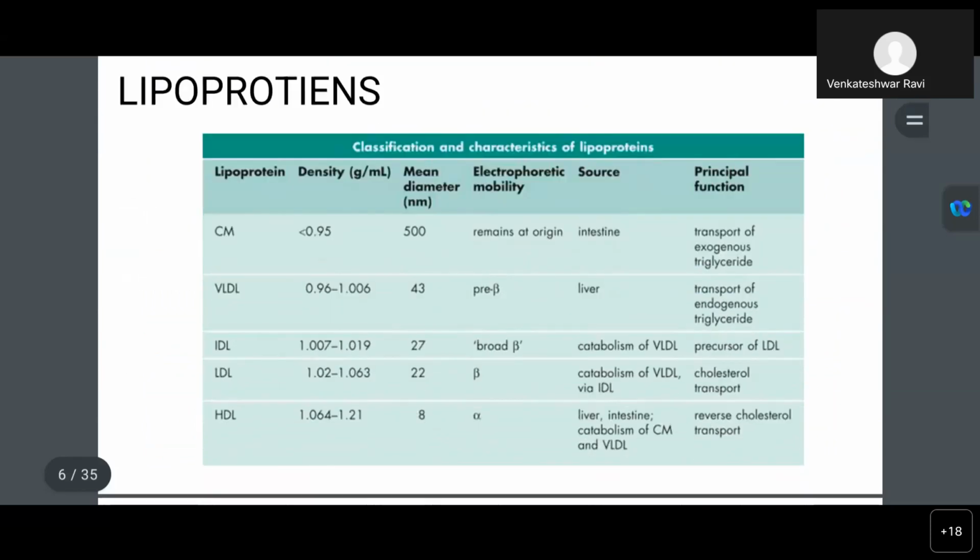Coming to the characteristics of the lipoproteins, for chylomicron, though the density is less, the mean diameter is 500, and in electrophoresis, they remain at the origin. The source of chylomicrons is the intestine, and their main function is transport of exogenous triglycerides.